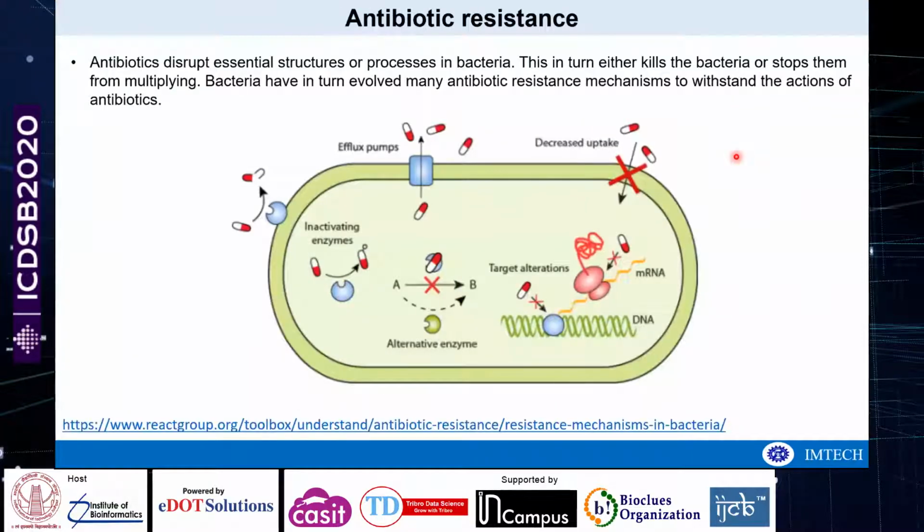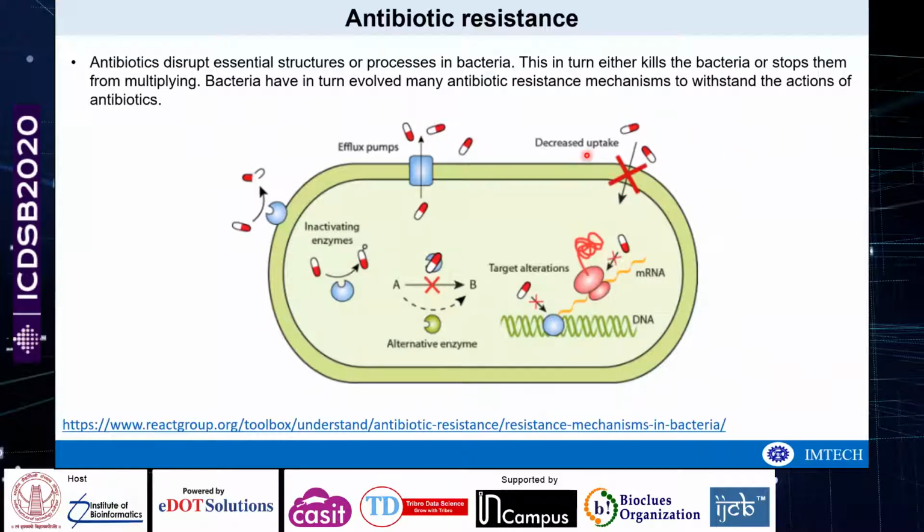Since we are talking about the prediction of antimicrobial resistance, which is basically the ability of bacteria to resist the antibiotics that were previously used to treat them, bacteria have in turn evolved many antibiotic resistance mechanisms to withstand the action of antibiotics.